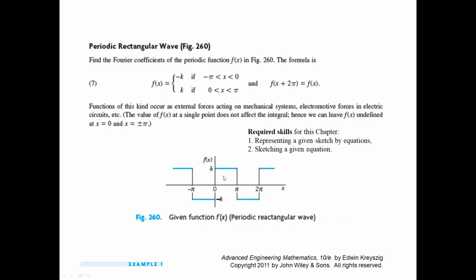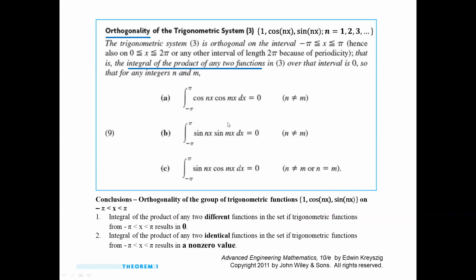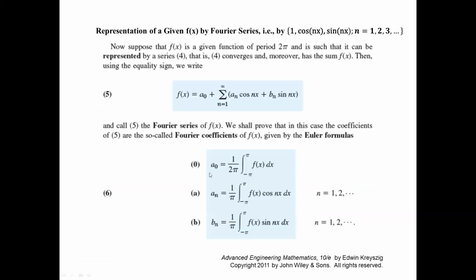Integrating f from 0 to pi, we get a finite area. And this negative area has an identical area with different signs. They cancel out. So A naught, according to the formula we discussed, integrating f, has to be 0.